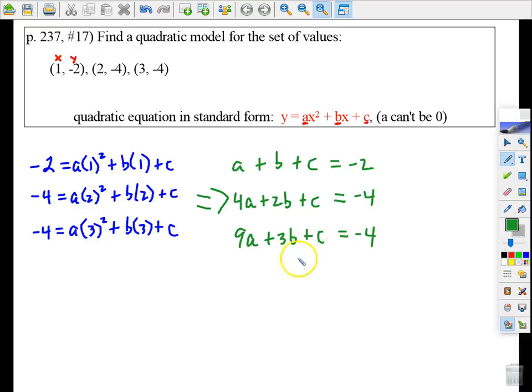And so, once again, we have this 3-variable system, and we need to pair up a couple of equations. When you do these quadratic model problems, you notice you're always going to be eliminating c. So let's see what that looks like. I'm going to pair up equations 1 and 2 to eliminate c.